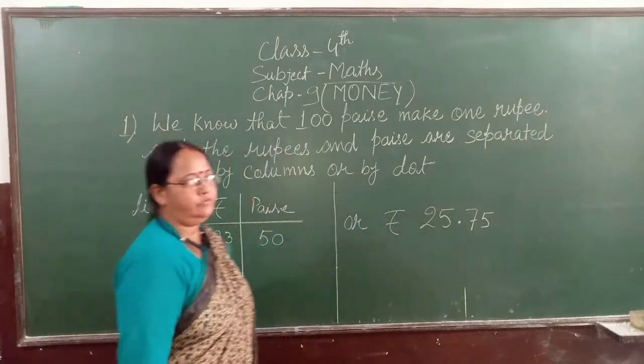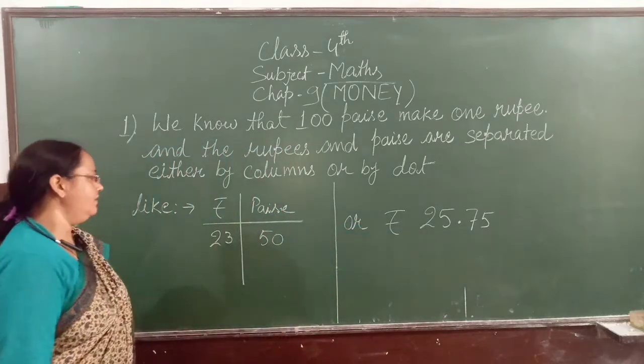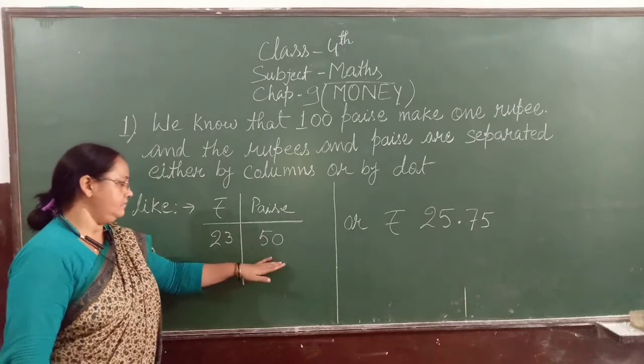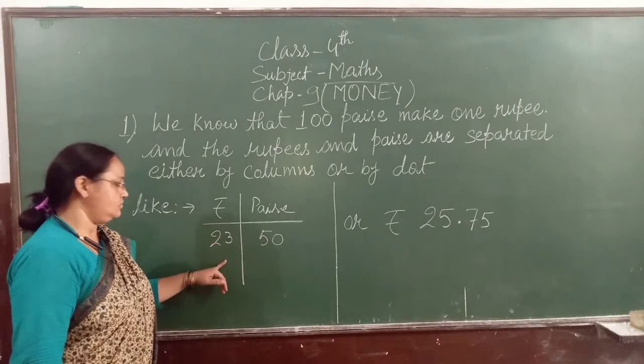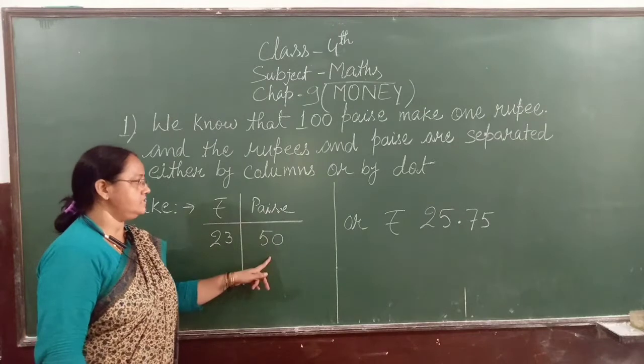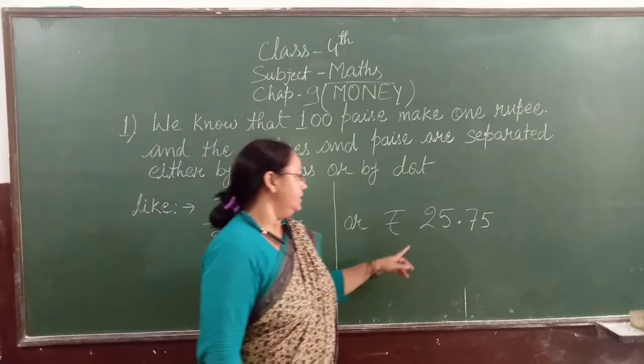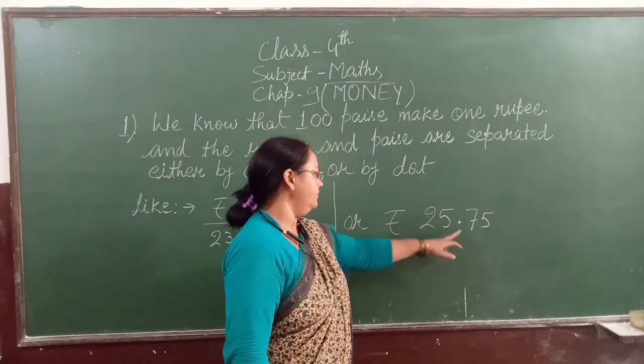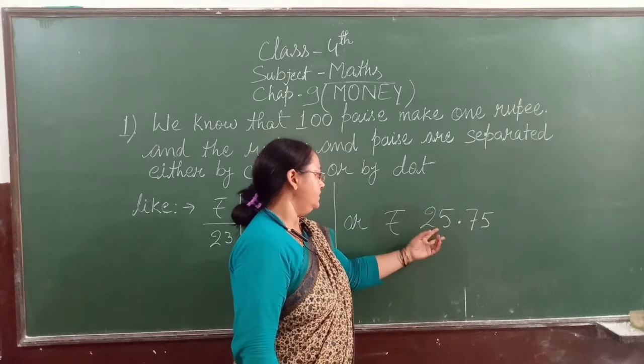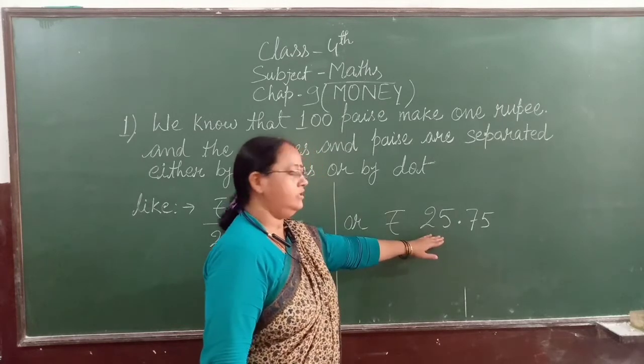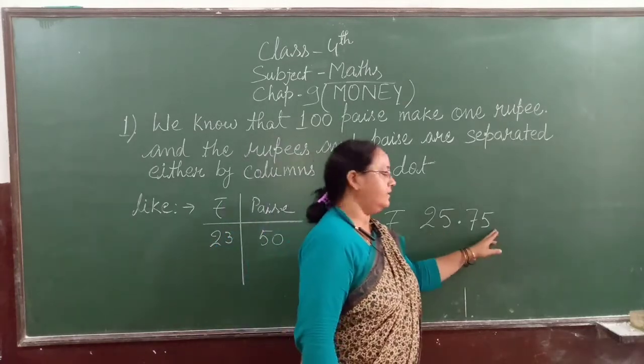If we separate rupees and paise by colon, we can write by this method. This shows the rupees and this is your paise. And if we separate it by dot, then the left part is your rupees and the right part is your paise.